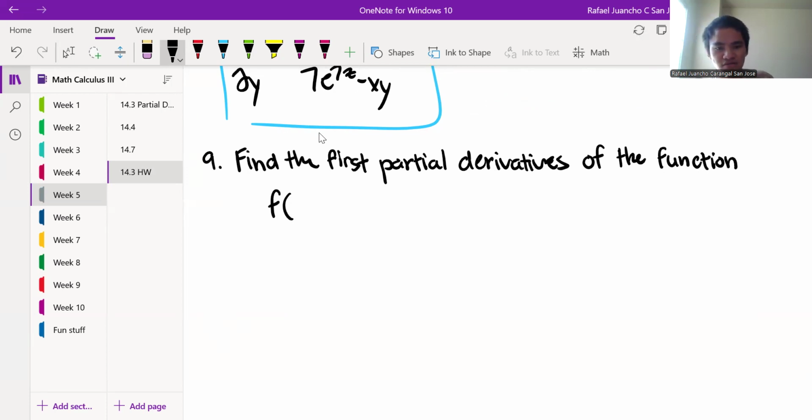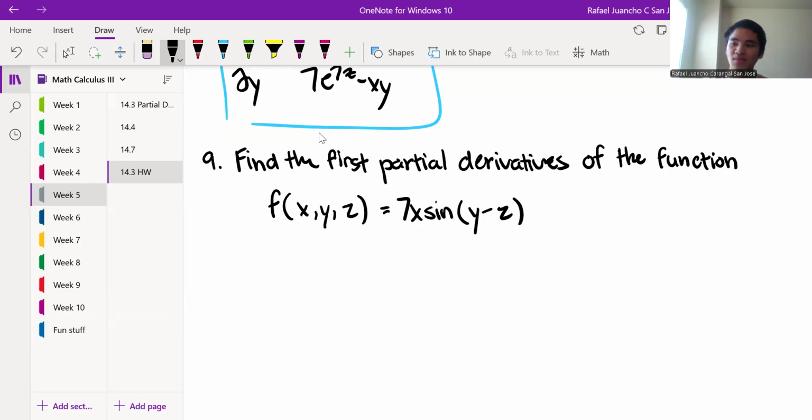So we do f of x, y, z. This is equal to 7x sine y minus z. Right? So I have an x, a y, and a z. Let's find each of them.